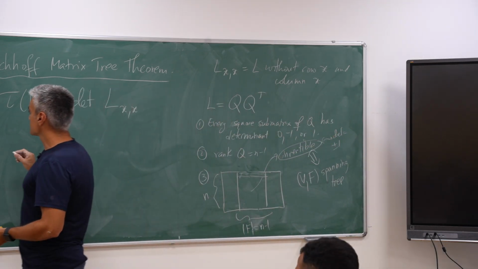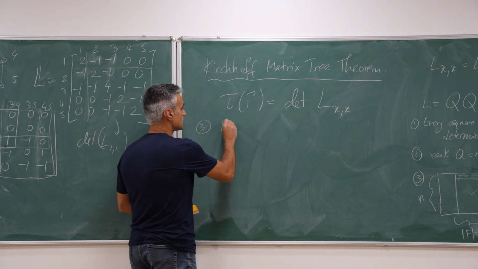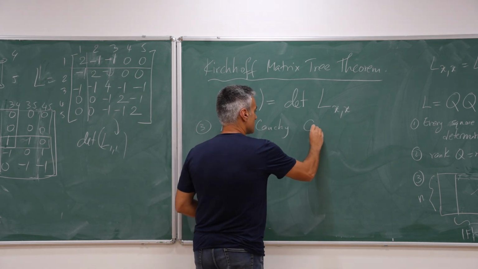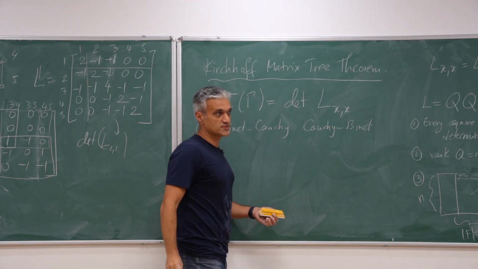So then the third ingredient is some big hammer, which is sometimes called Binet-Cauchy, sometimes called Cauchy-Binet. It may be called something else.